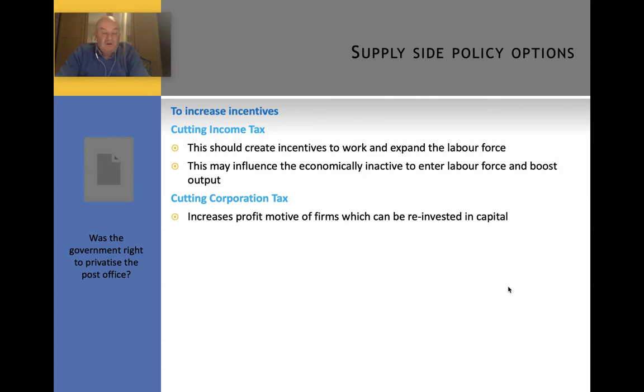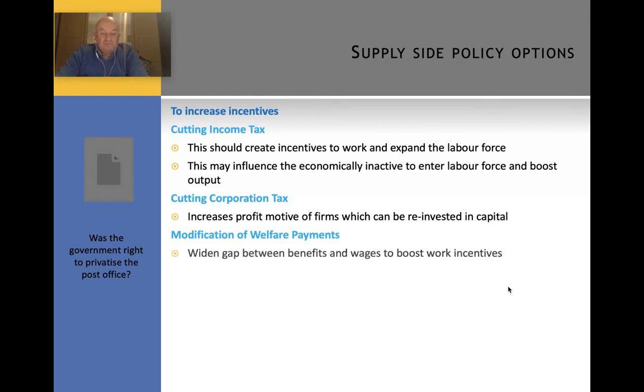And obviously, if we cut corporation tax, that's going to encourage more firms to hopefully perform well and make a profit, because they then don't have to pay as much of their profits in taxes, and they should then be using that hopefully to reinvest in their business and make it even more efficient and successful.